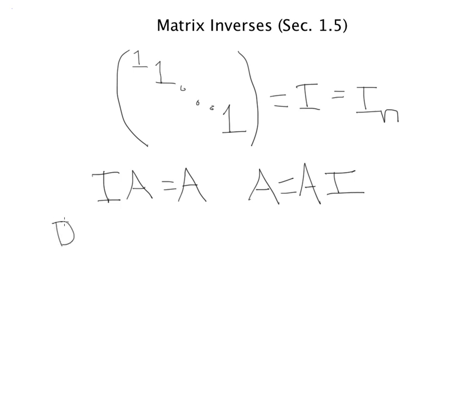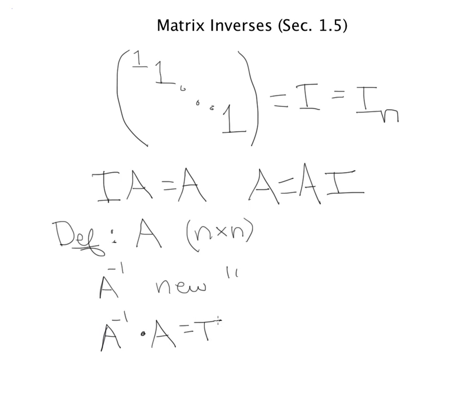And the definition: if A is an n by n matrix, and I should say that all of the matrices I'm talking about are going to be square matrices, size n by n, then A inverse is a new n by n matrix, defined to be the matrix with the property A inverse times A is equal to the identity. So that's the defining property of the inverse.